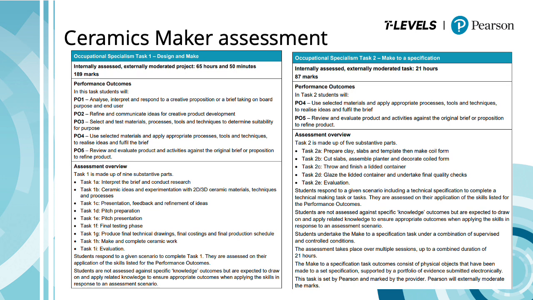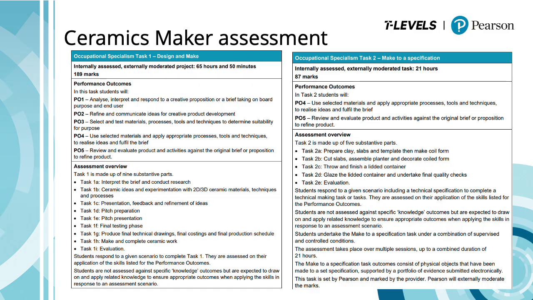For Ceramics Maker as an example, Task 1 is completed up to a combined duration of 65 hours and 50 minutes. It consists of 9 substantive parts which total 189 marks. Task 2, Make to a Specification, requires students to prepare materials and produce an artifact or artifacts to a given technical specification set by Pearson, undertake quality checks, and evaluate the outcome.